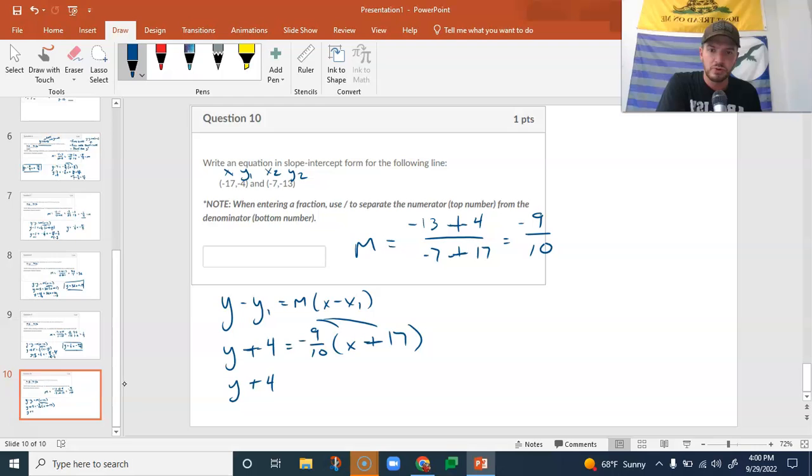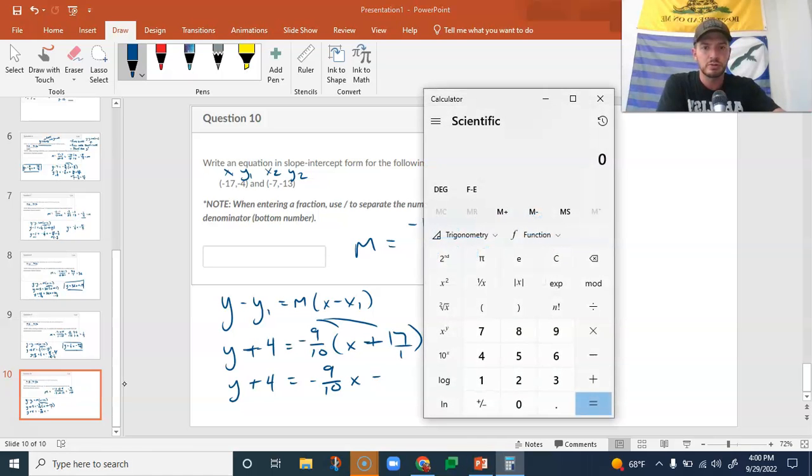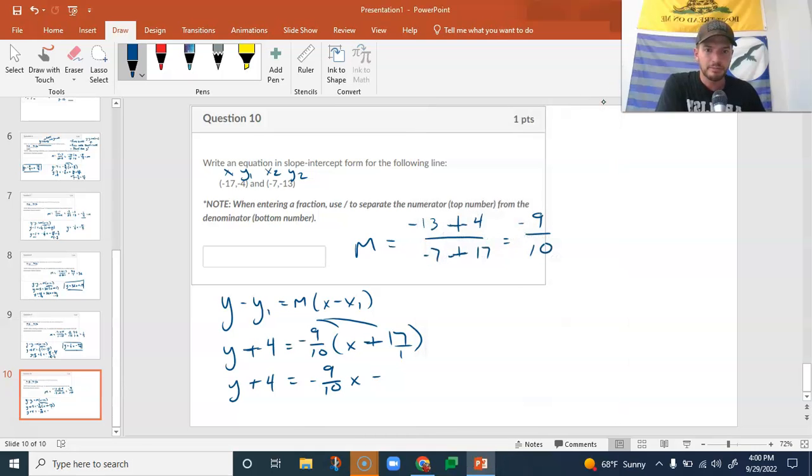Y plus 4 equals negative 9 over 10x minus, so again, this one I'm going to have to use our calculator for. Well, I guess I could figure, I think it's 153, but let's make sure. 9 times 17 is 153. Look at that. Okay, so minus 153 over 10. And then the last step here is just to subtract 4 from both sides.